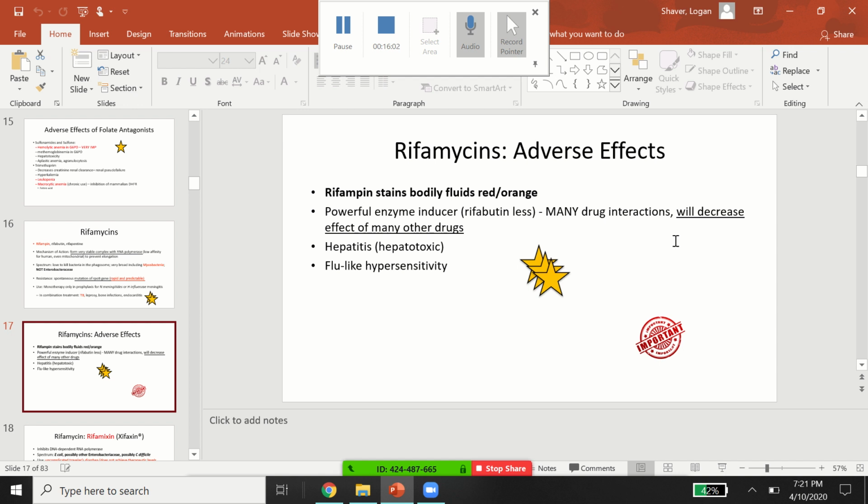That's the more important thing on this slide because I remember it being one of the questions. It's also a powerful enzyme inducer, can cause hepatitis, and can cause a flu-like hypersensitivity. But definitely remember the bodily fluids red-orange thing with rifampin.